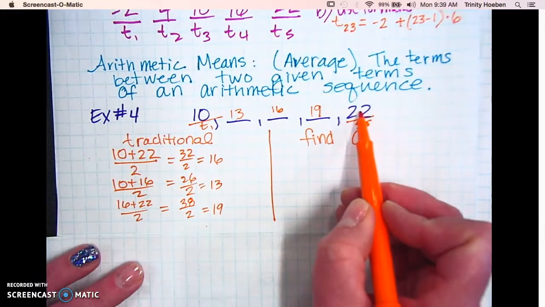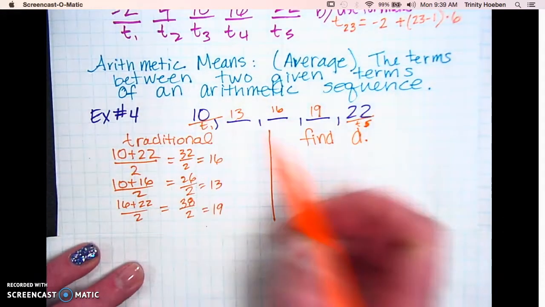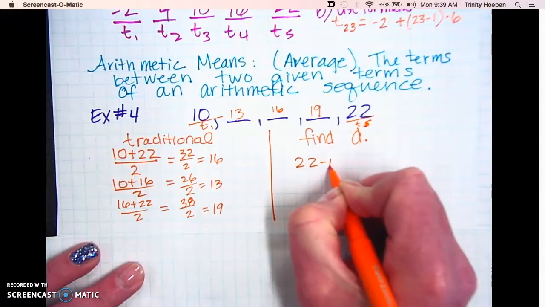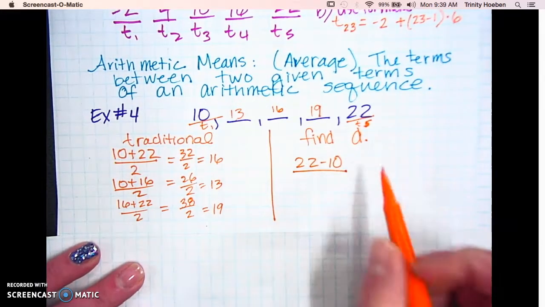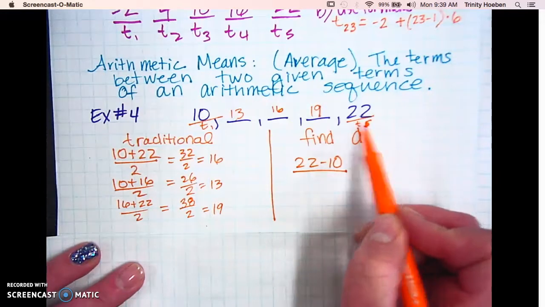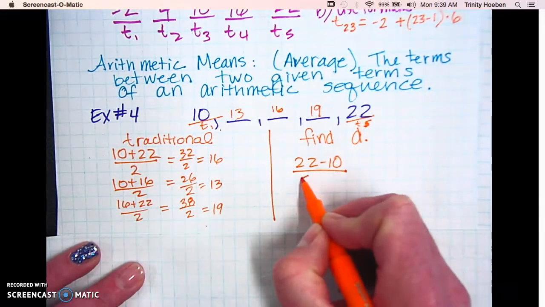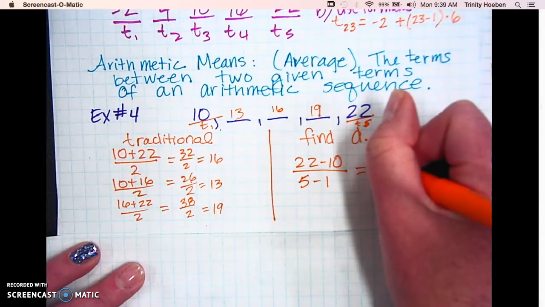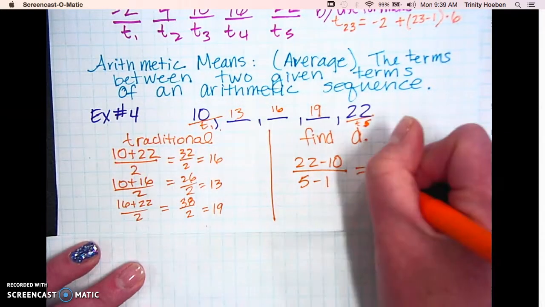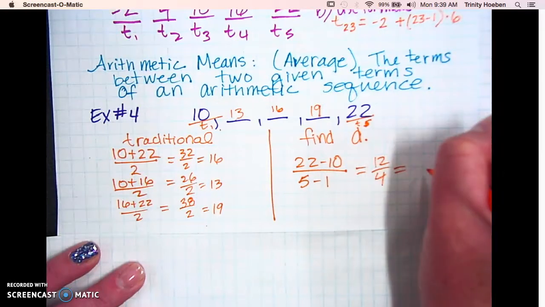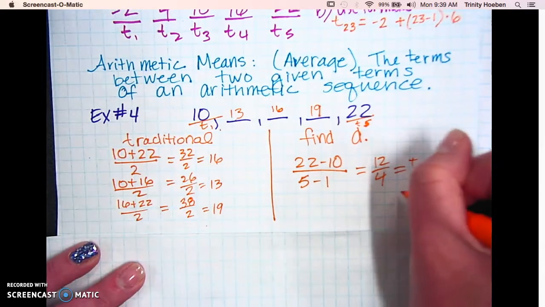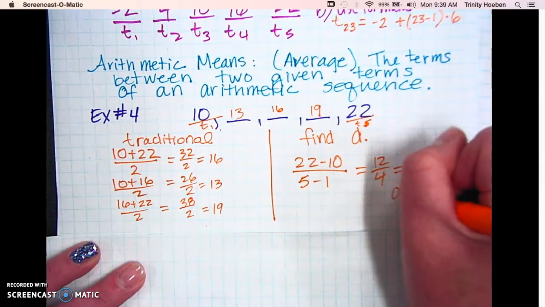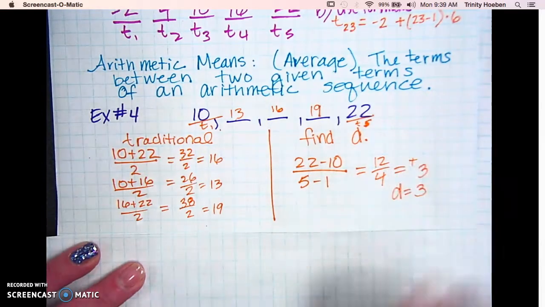So you take the 22 and the 10, so 22 minus 10, and divide it by the terms, term 5 minus term 1. So 5 minus 1. 22 minus 10 is 12. 5 minus 1 is 4. That means we have a difference of 3. That's our D equals 3.